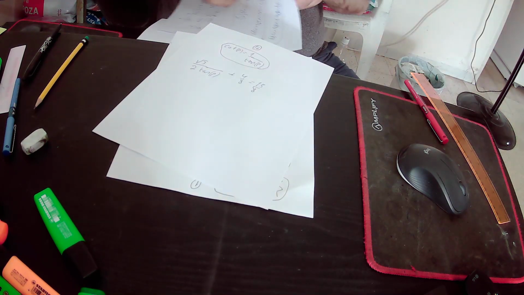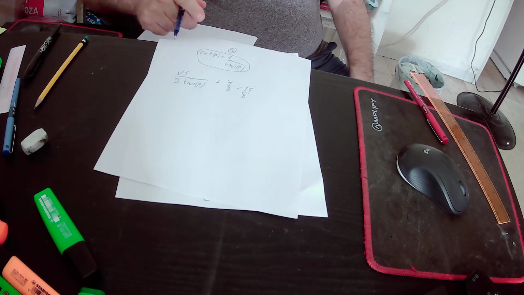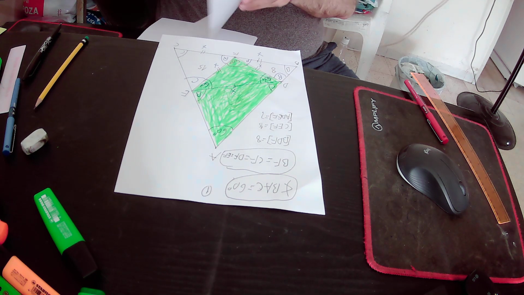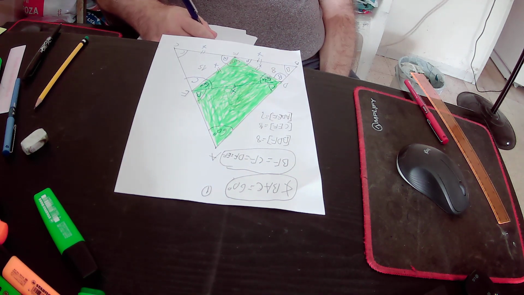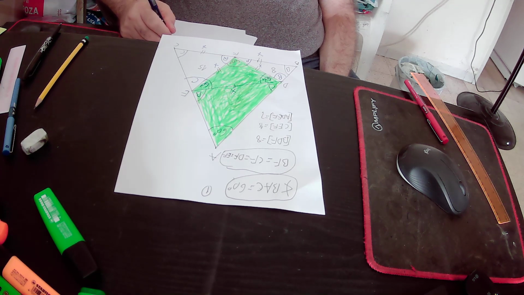Okay, so here we will subtract 4 over 8 from this equality and we get root 3 over 2 times tangent p equals 15 over 8 minus 4 over 8, which is 11 over 8.